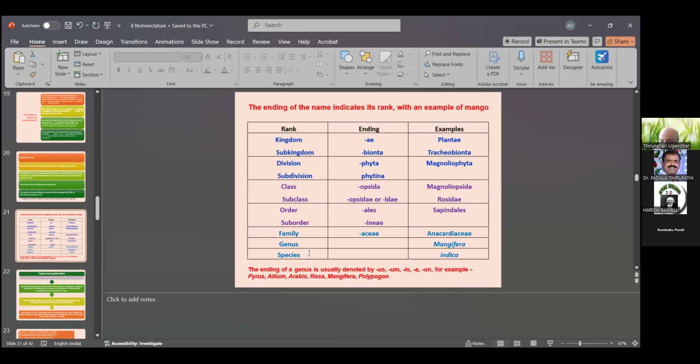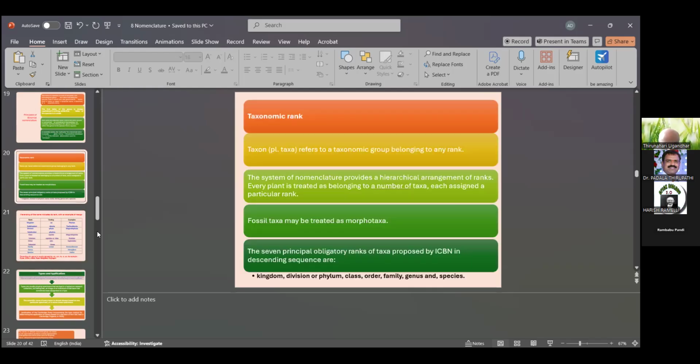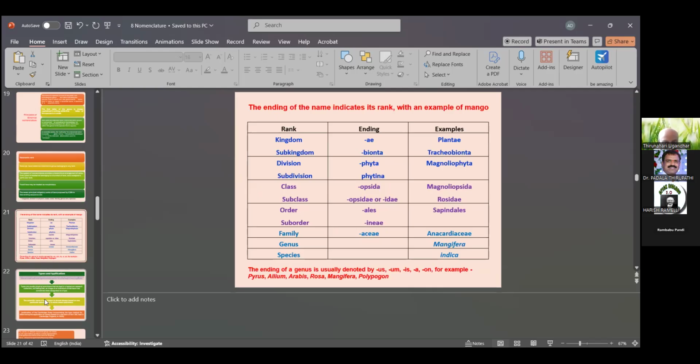Species, seven. These seven grades are called the principles of nomenclature. The seven obligatory ranks of taxa are proposed by the ICBN.